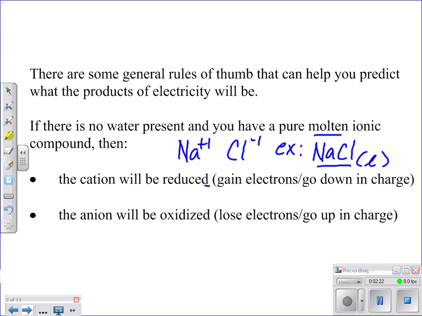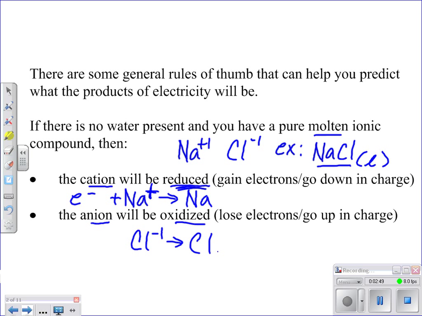So as far as the reduction goes, it's going to be your cation, in other words, your sodium, because it would have to be that in order for us to gain those electrons on the left-hand side. That's showing us reduction because of this positive value on the left-hand side. And then, of course, oxidation is going to be from the anion, because in that case you've got your chloride ions going to chlorine, and then we have to balance that by putting the 2 there.